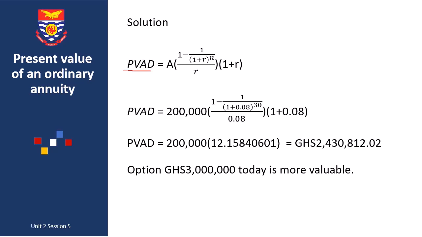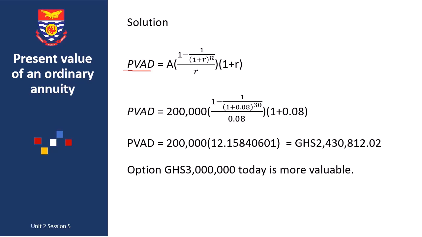So get the difference between the ordinary annuity and the annuity due. So with the annuity due formula, there is another bracket which is 1 plus R. So R is the same rate required that was given in the question. Right, so working through the formula, we multiply the 200,000 by the bracket, which is 1 minus the discount factor all over R. Whatever you get, you multiply it by the 1 plus R attached to the formula.